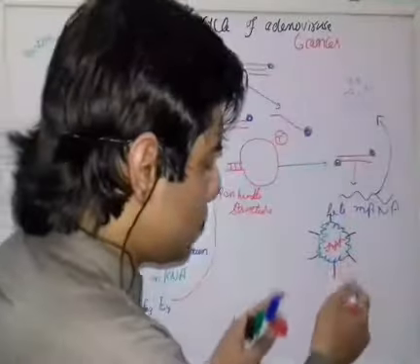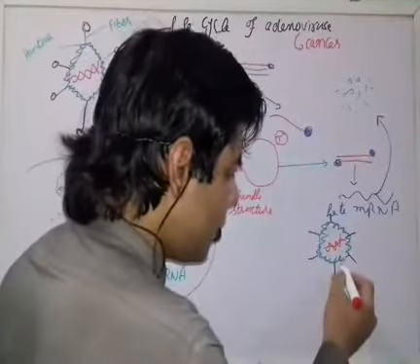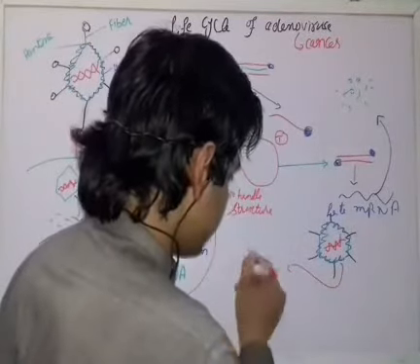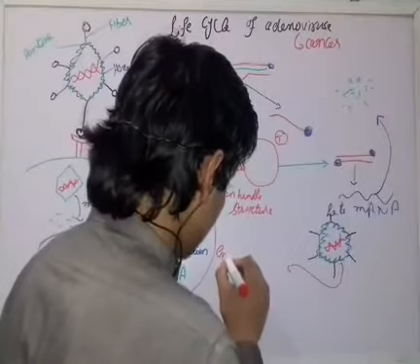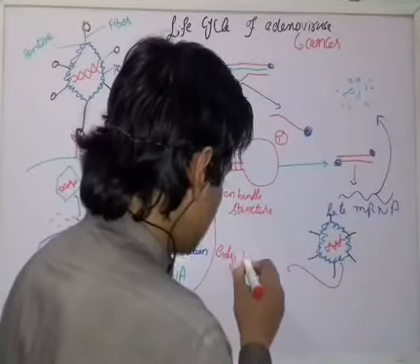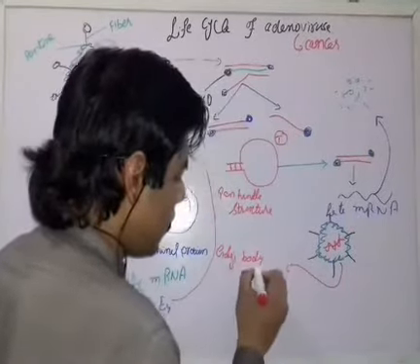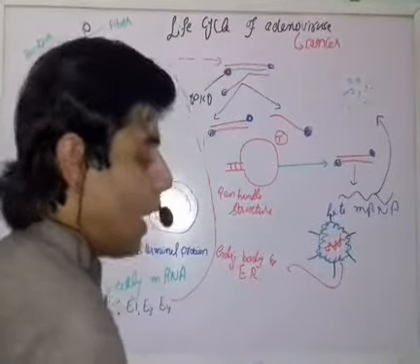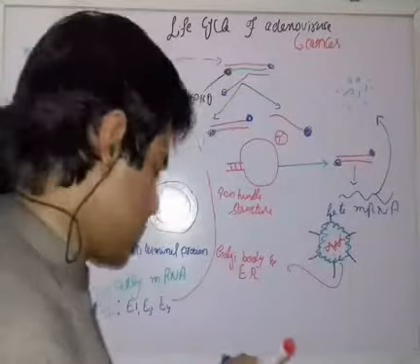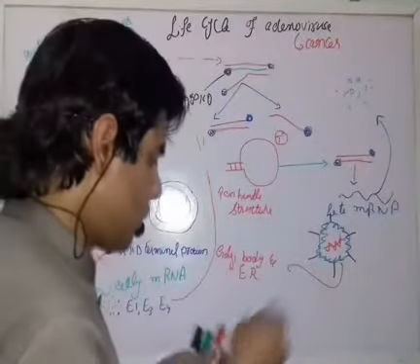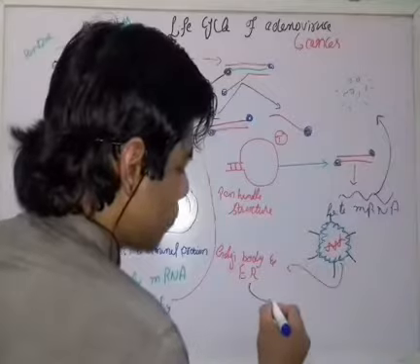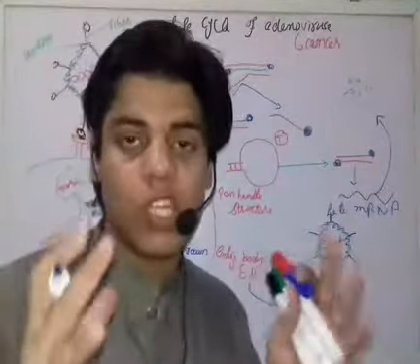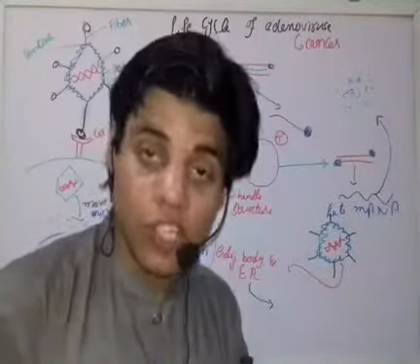Once these capsid areas are formed, then they will migrate to the Golgi body and endoplasmic reticulum, and from the Golgi body and endoplasmic reticulum, after that we get a progeny adenovirus, or progeny virus.